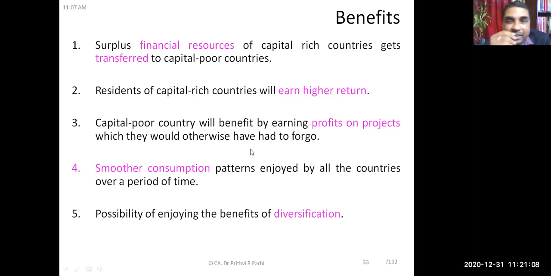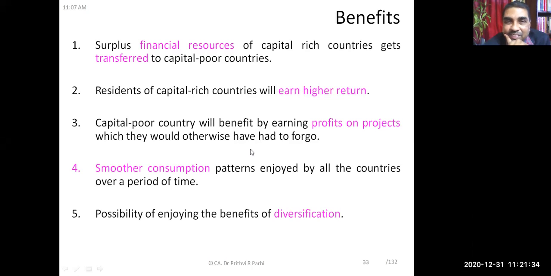Imagine, day by day, there are many products whose prices are falling. Take an example of TV. If you compare the price of TV 10-15 years back and today's price, you will find that prices have gone down. Similarly, prices of air conditioners have gone down.